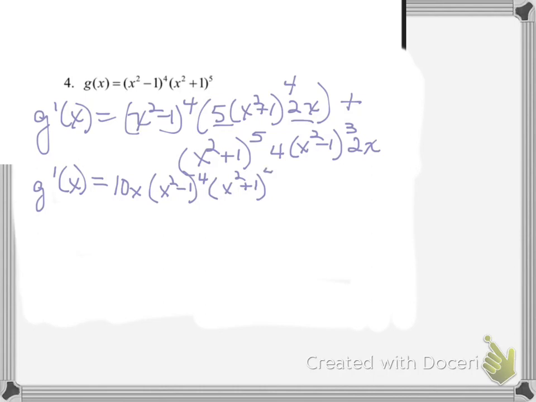Okay, so then plus, let's grab the 8x. Sorry, I keep moving this. We're going to grab the 8x. So I have 8x, and then I have my 2 powers. So that's going to be x squared.